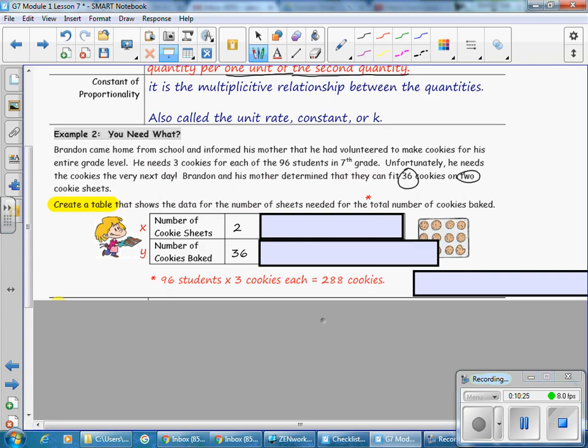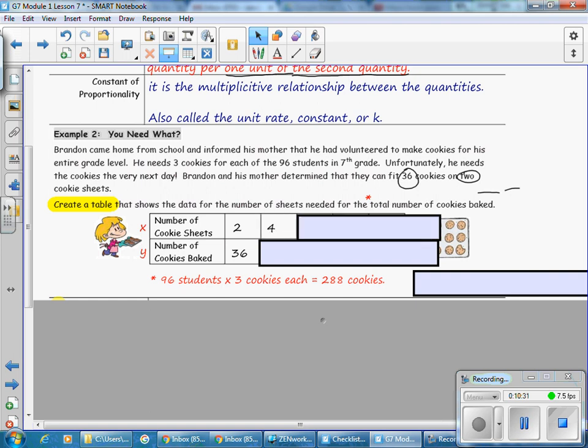So then, what if you wanted to have 4 cookie sheets? Then how many cookies would you be able to have on the cookie sheets? So you want to know, how many cookies could you put on 1 cookie sheet? So 36 divided by 2 will answer that question. 36 cookies divided by 2 sheets equals 18 cookies per sheet.